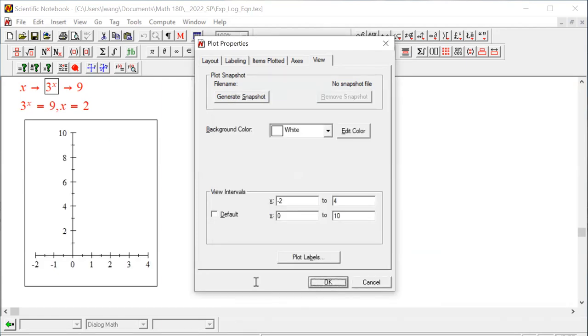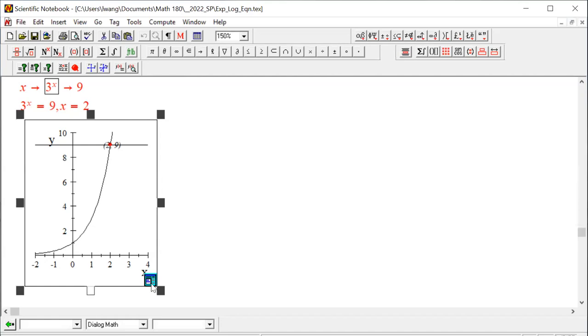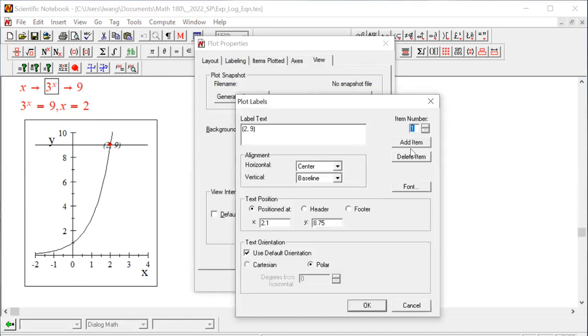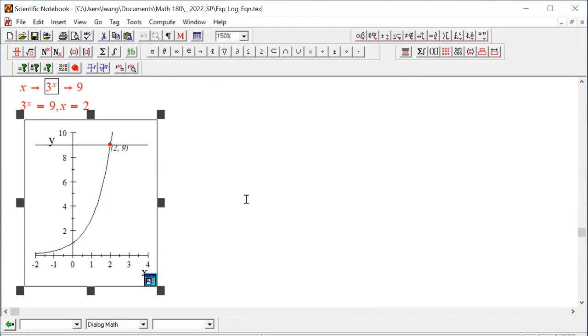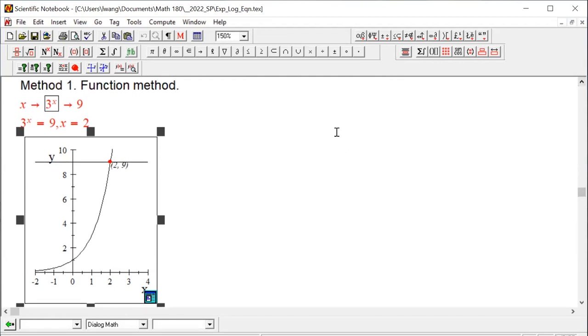Let me scoot it over a little bit. The nature of this question, the way we solve it, we see it from the function perspective because we know the output, so we draw a horizontal line. So this is the first method.